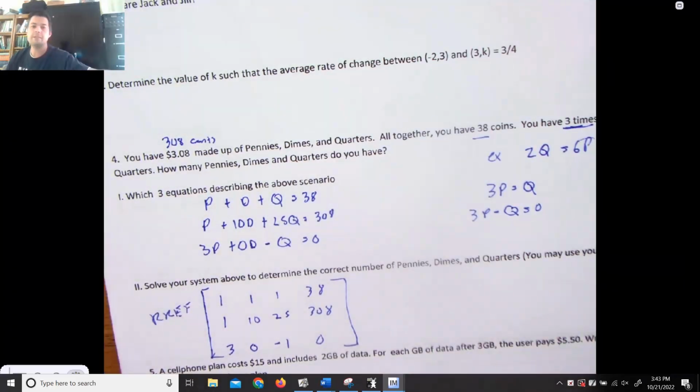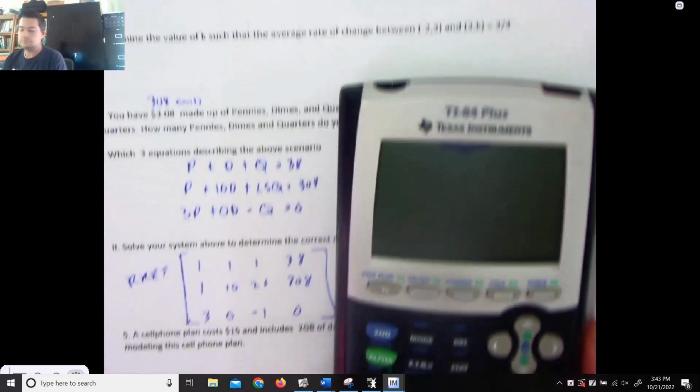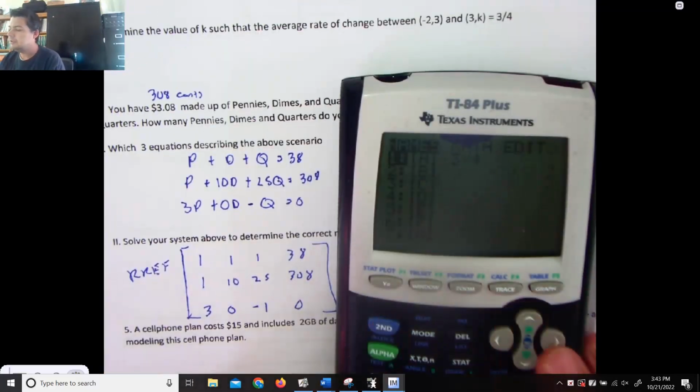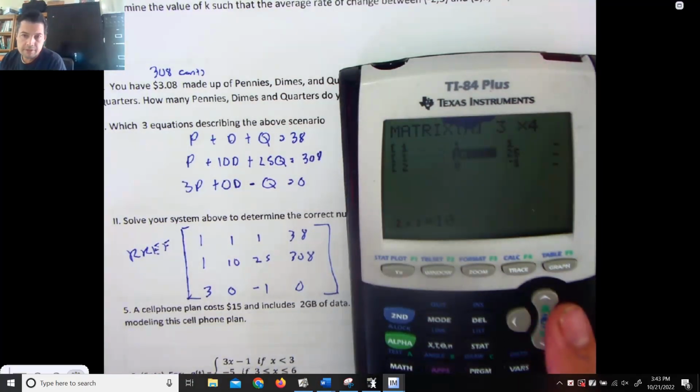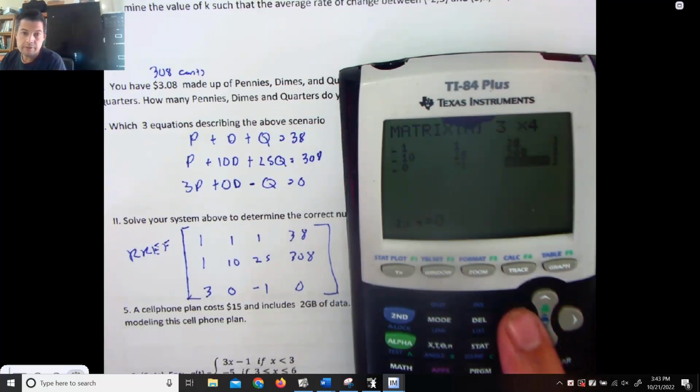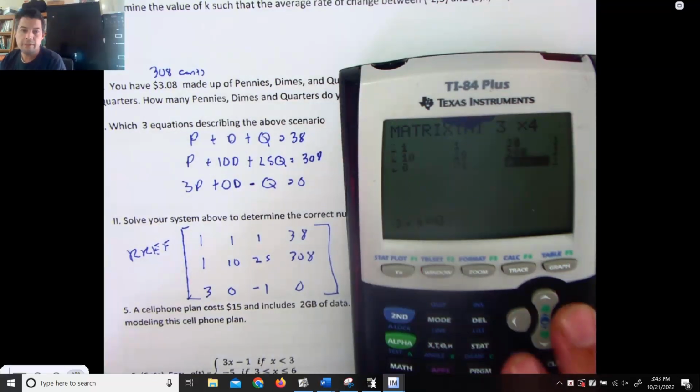So anyways, back to my calculator. Second matrix edit. I've got a lot of this one typed in, and you should be trying to see if you can do this on your own. See my old matrix in here from the previous example that did not work. So I had to go back and fix it. 3, 0, negative 1, 0.